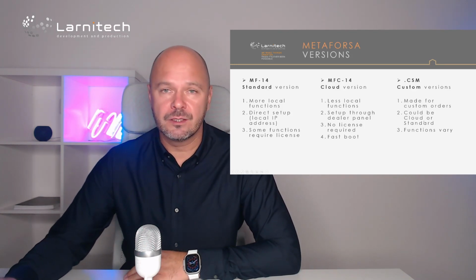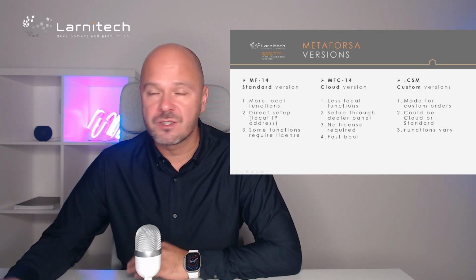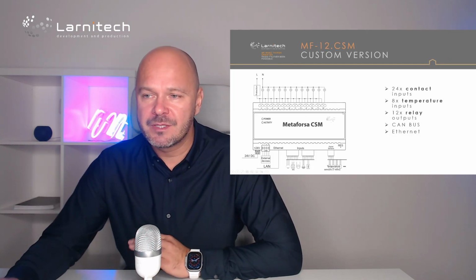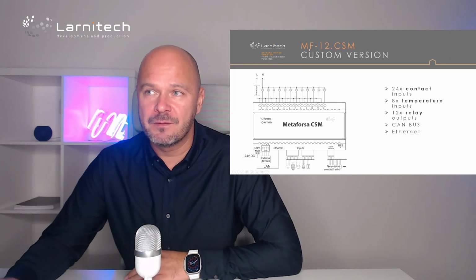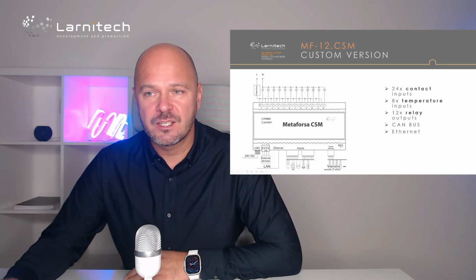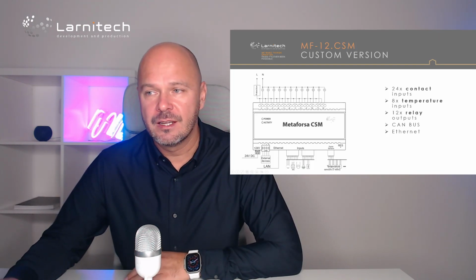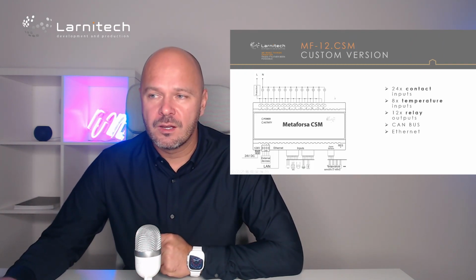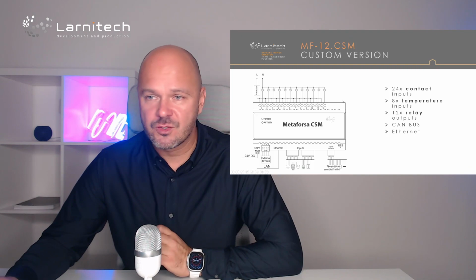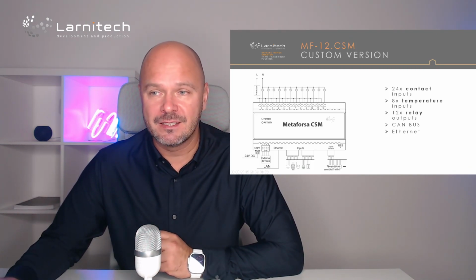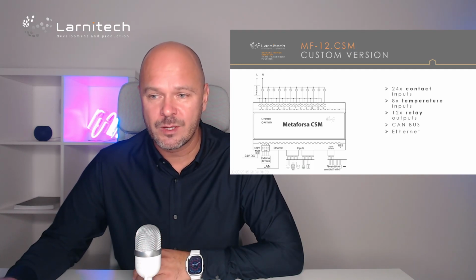They could be cloud, they could be standard, and functions vary. For example, this one is named Metaforsa MF12 CSM, and it has 12 channels, 12 relay channels on board, but no dimmers. Okay? So construction developer did not need any dimmers on his side, but needed a couple more additional relays.